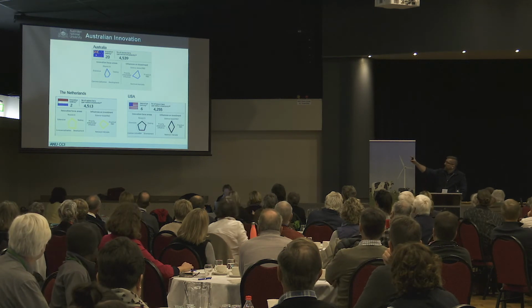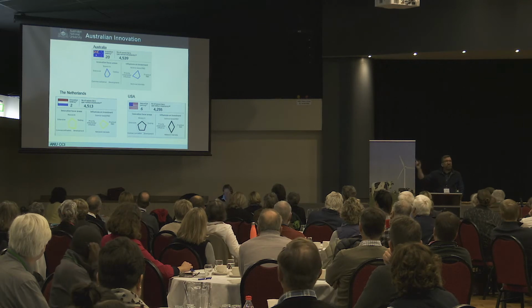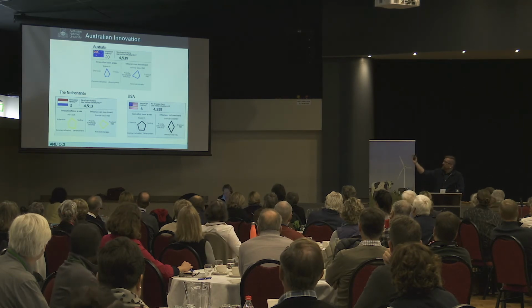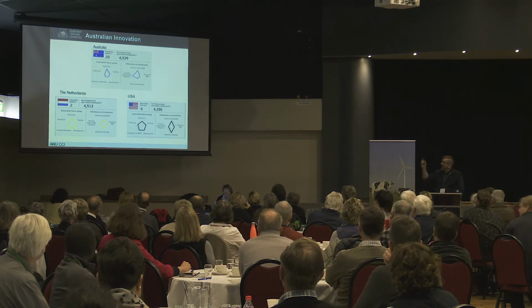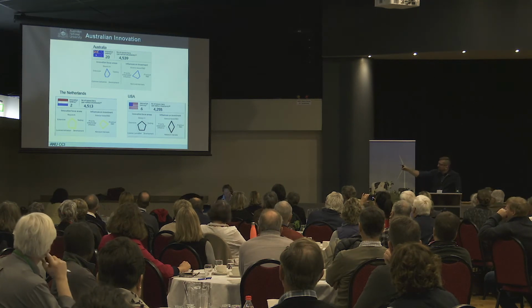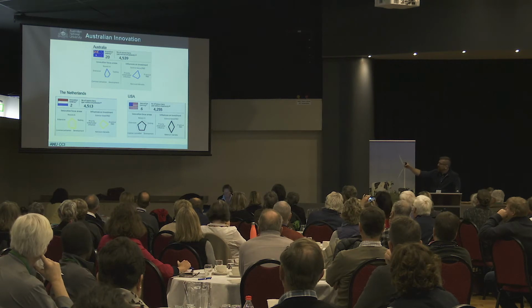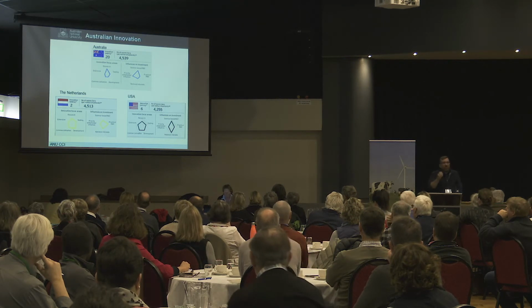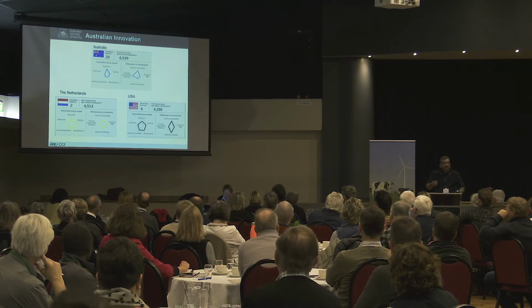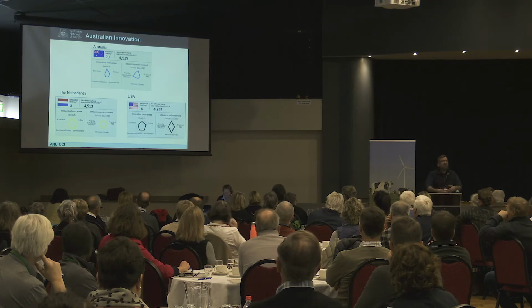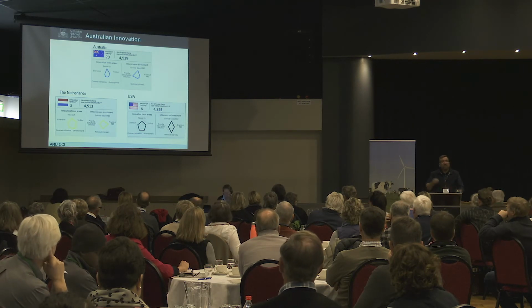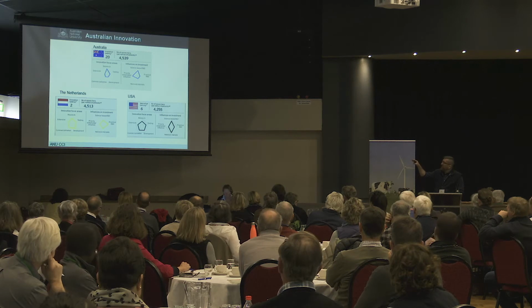And look at where the innovation focus is for Australia, which is largely in the research domain, and compare that with the Netherlands and the US, which is more in the development and commercialisation, although there is still a research area. But the main difference is that more of that research and innovation is being developed, implemented and commercialised, which is what makes the difference, I think, between the Netherlands and the USA and Australia.